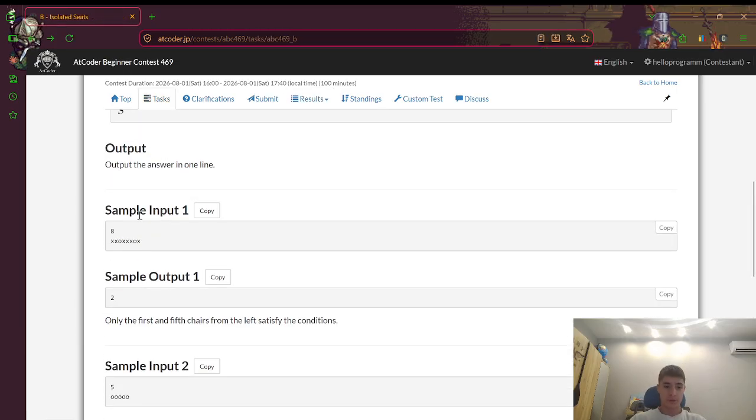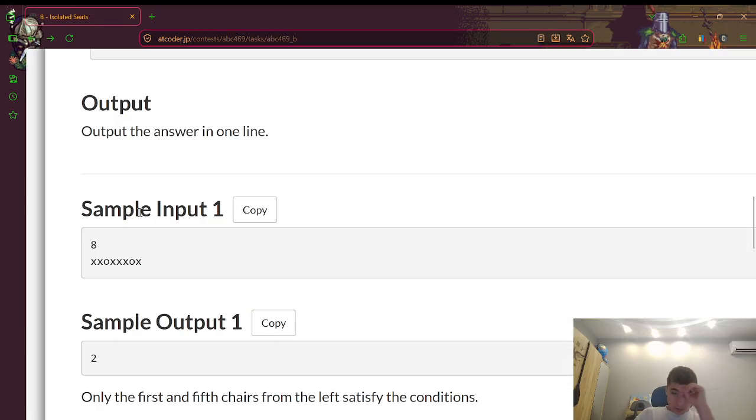So for example, we go to the first test case: X O X X X O X. Of course we understand how this 3 x works. So it gets reduced, and we get X O O X, and the main problem is this. Yeah, I got the point.